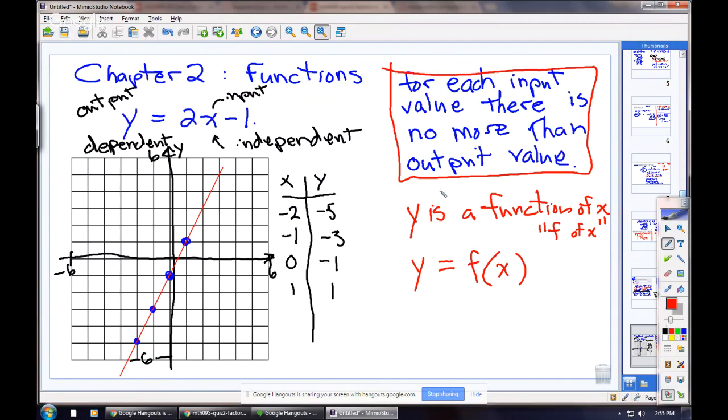Okay, so the function notation is going to be useful. Since I have an equals in between, the thing called y means the same thing as f of x. So now instead of seeing equations like y equals 2x plus 1, you're going to see equations that say f of x equals 2x plus 1.